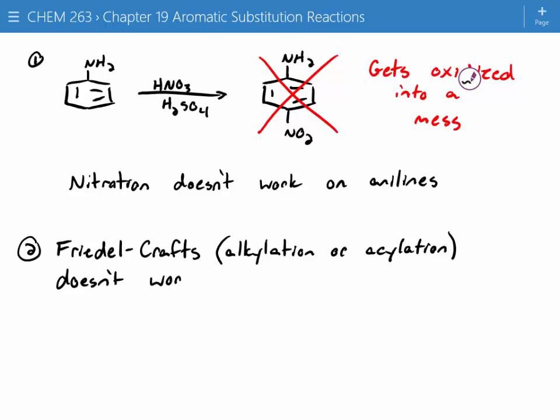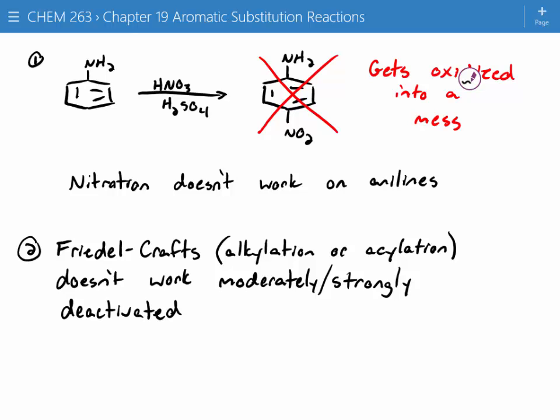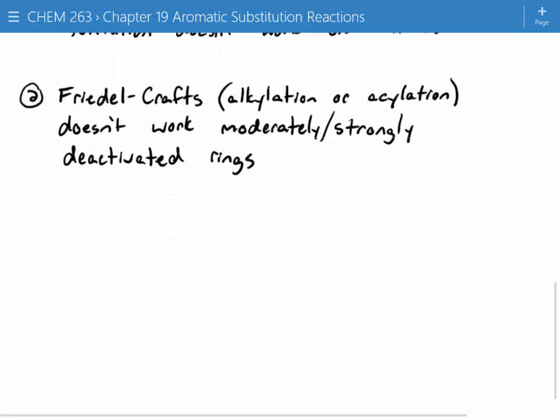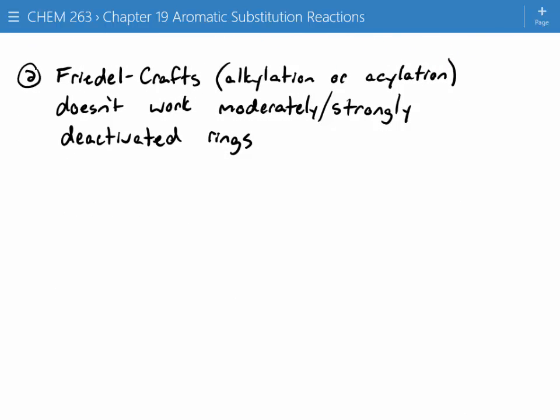Doesn't work on moderately or strongly deactivated rings. And this simply is due to the rings not having enough electron density on them to perform the nucleophilic attack.